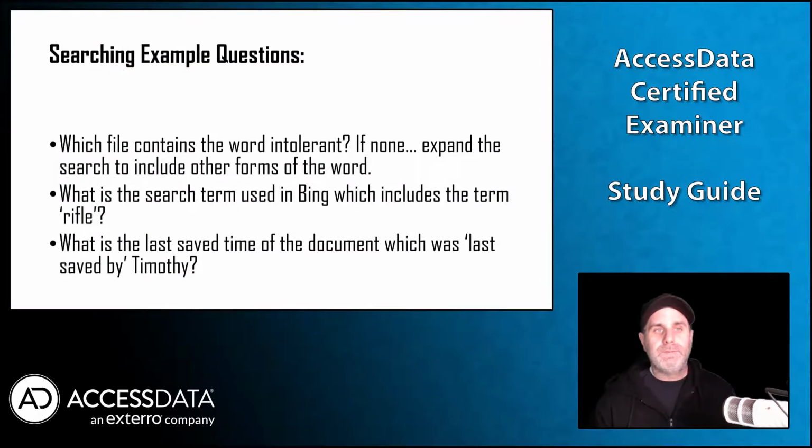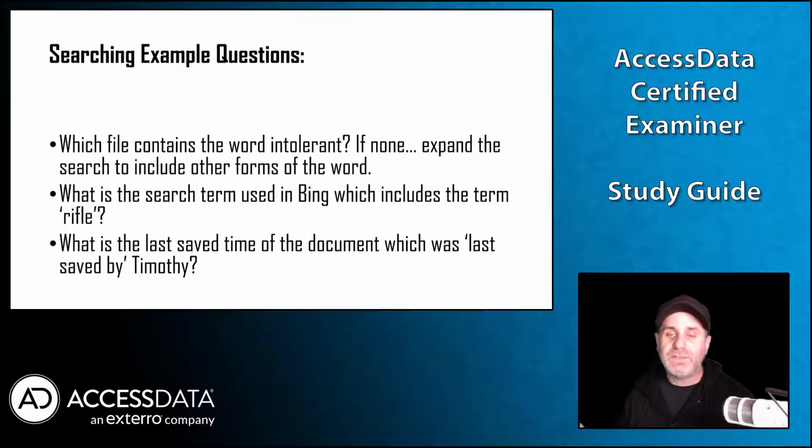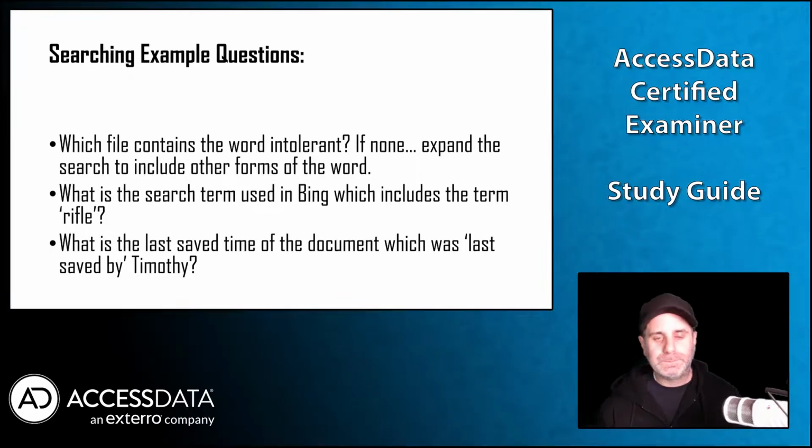The last question here in our example questions is what is the last saved time of the document, which was last saved by Timothy? So what a question like this is looking for is, do you know how to field search using the index search tab? So let's take a look at how to do that.